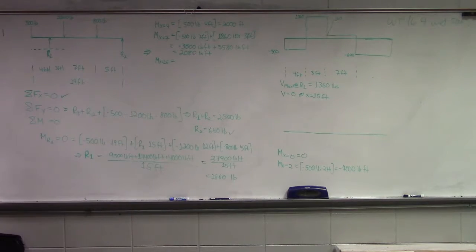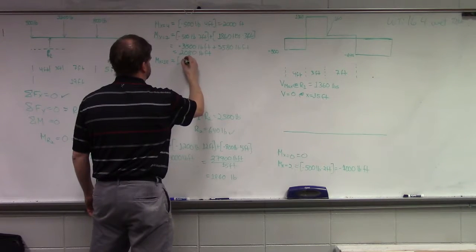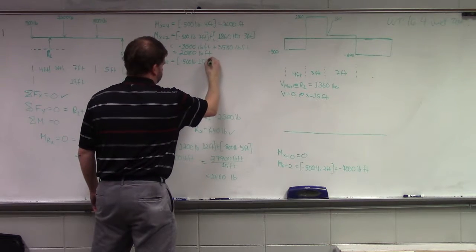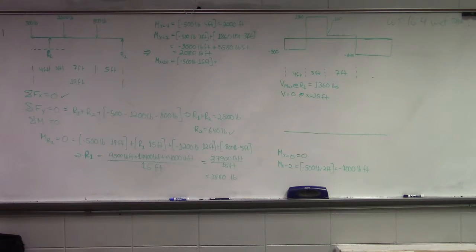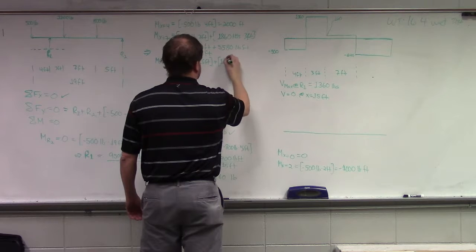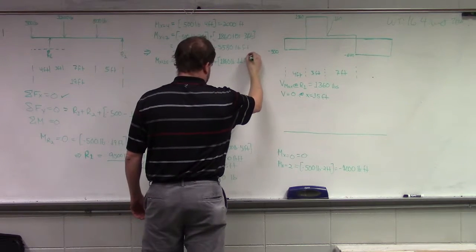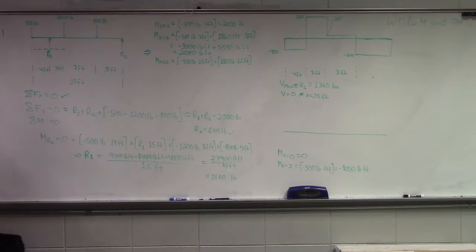How about at x equals 15? Negative 500 times 15, plus 1860 times something.